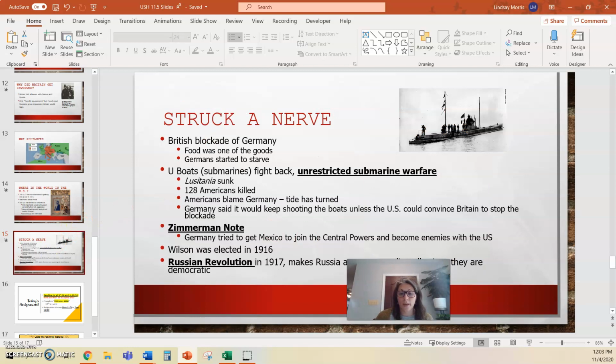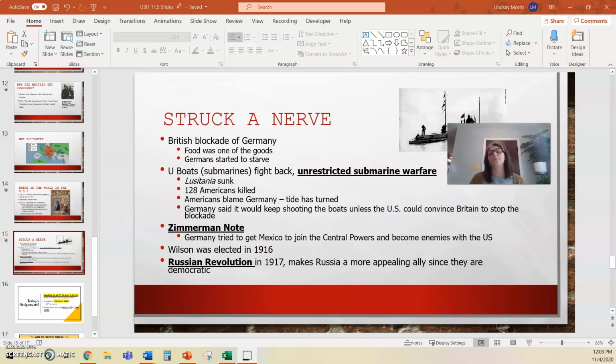So what ends up getting the U.S. to join the war? The fighting goes on for 3 years before the United States even joins the war. We do not join the war until 1917. All this fighting is going on in Europe, and we continue to support the British. But the Germans, and also Austria-Hungary, but mainly the Germans, are trying to attack the British, especially using U-boats or submarines.